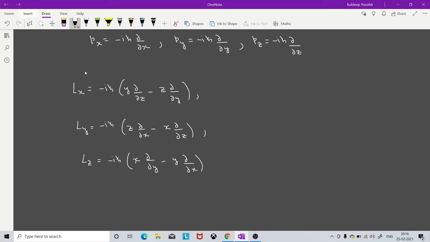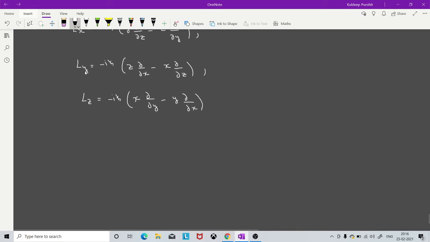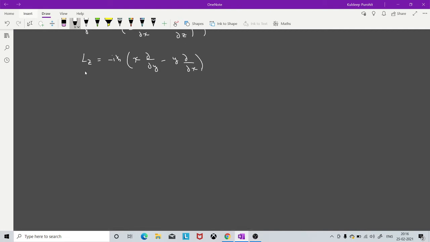Now let us derive some important commutation relations. The first commutation relation I want to derive is between the x component and the y component of angular momentum.